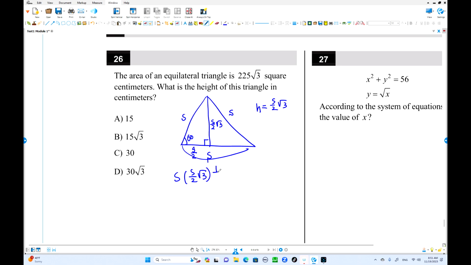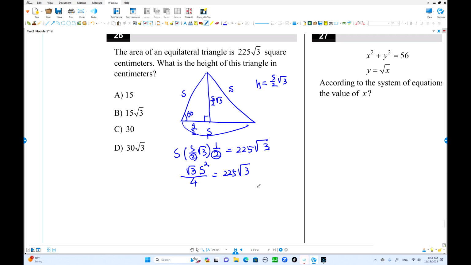That equals 225 root 3, okay? Now simplify this one. 4 square root 3, and s squared equals 225 square root 3, okay?